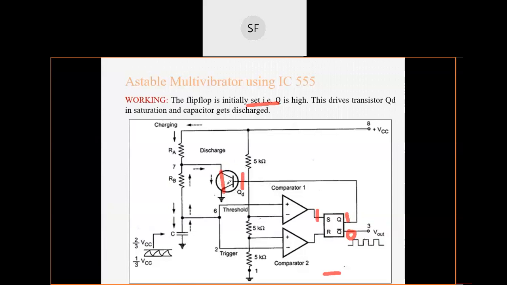As soon as this becomes a short circuit, the capacitor will start discharging in this direction, and the voltage across this capacitor will move towards 0 volt, whatever its initial value may be.